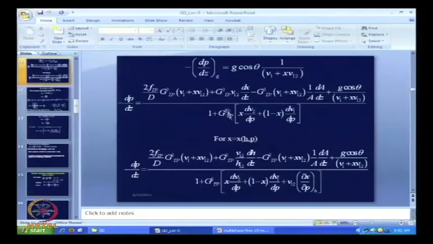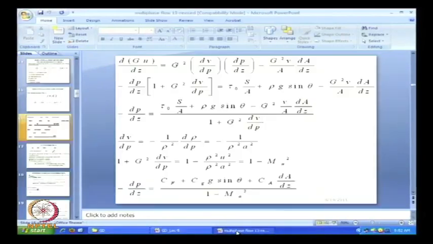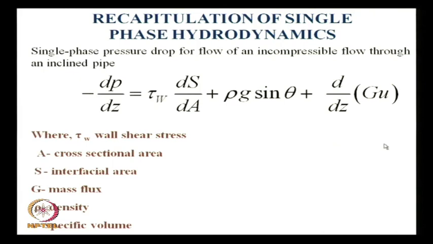Now, if you remember, in our introduction chapter, I had tried to deduce the continuity and the momentum equation for incompressible flows. This was the situation. For incompressible flows, I had tried to deduce it and this was the case.